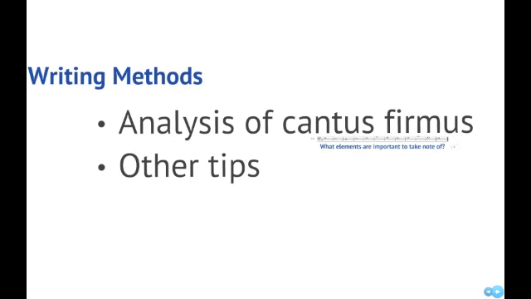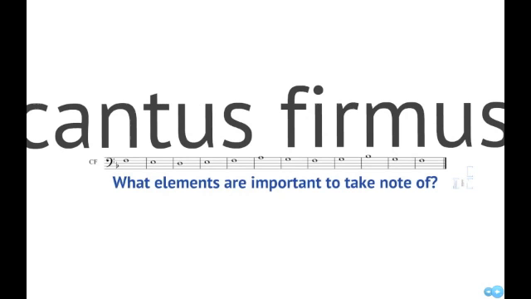So now we're finally coming to the point where we'll discuss methods for approaching writing your own counterpoint examples. Really the very first thing you should do when starting to write a counterpoint example is to do a very thorough analysis of the cantus firmus against which you will be writing.